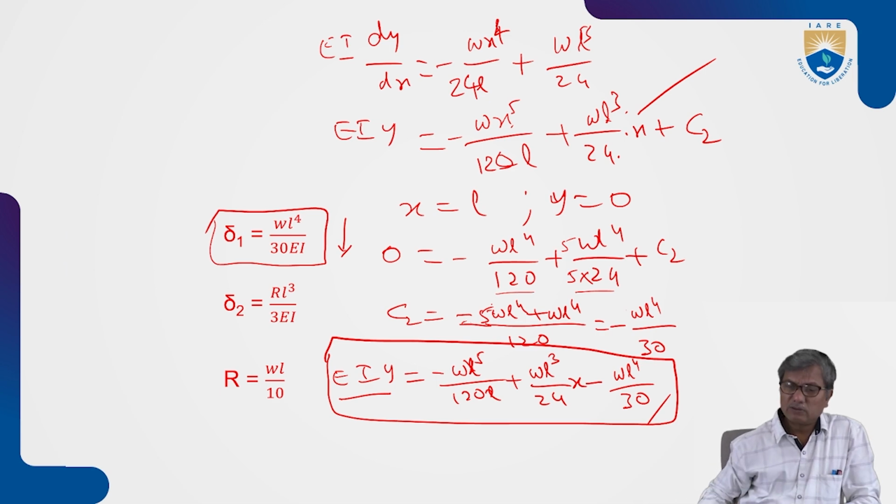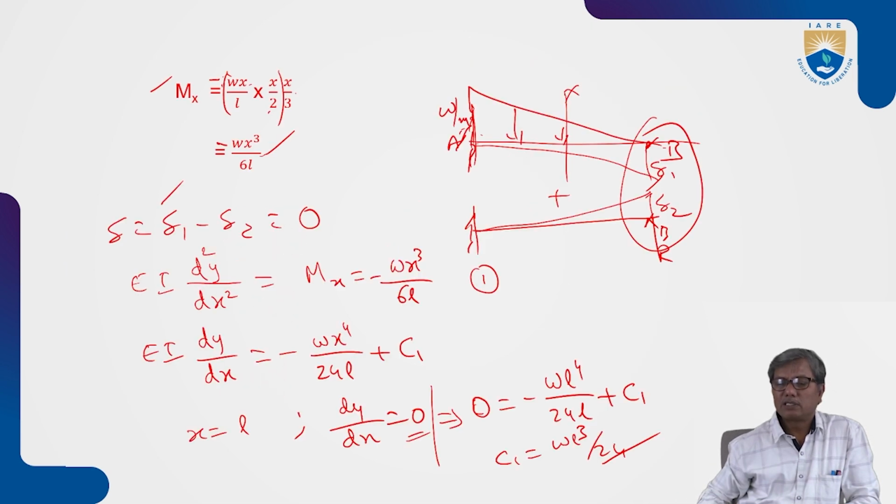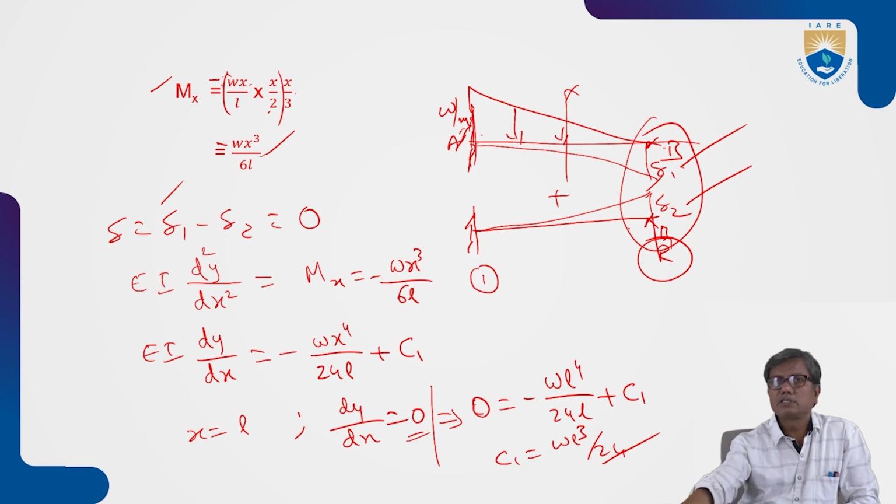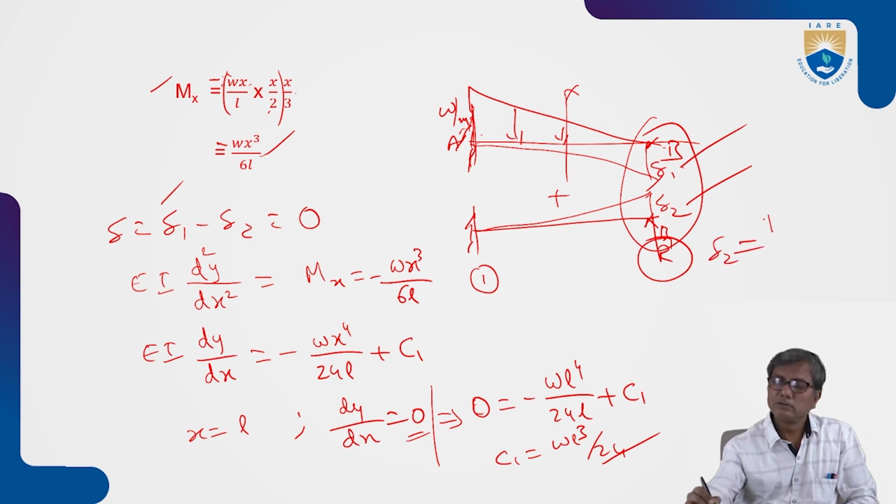And the condition we have here is delta 1 is equal to delta 2. And what is delta 2? The deflection due to point load at free end. So in this case, delta 2 is, we can take this as RL cube by 3EI.